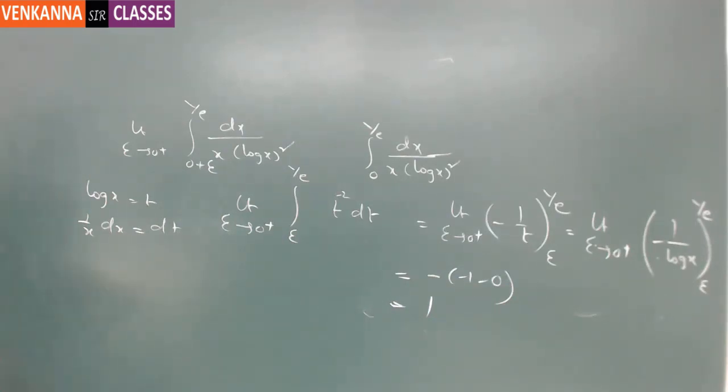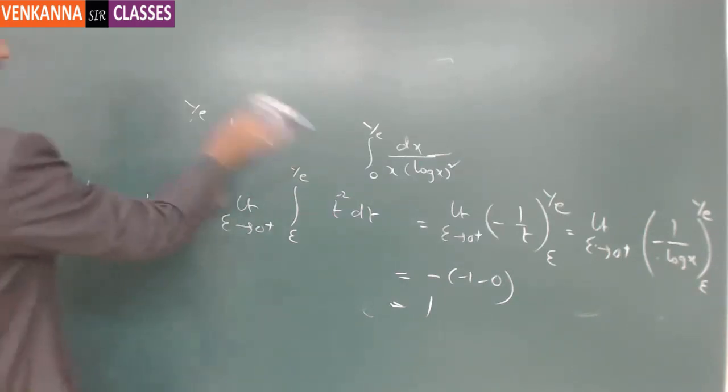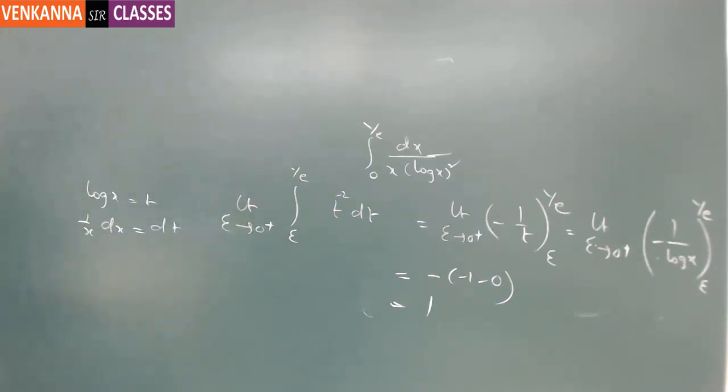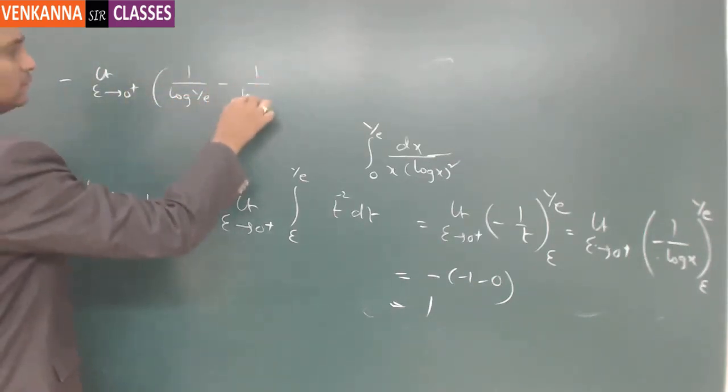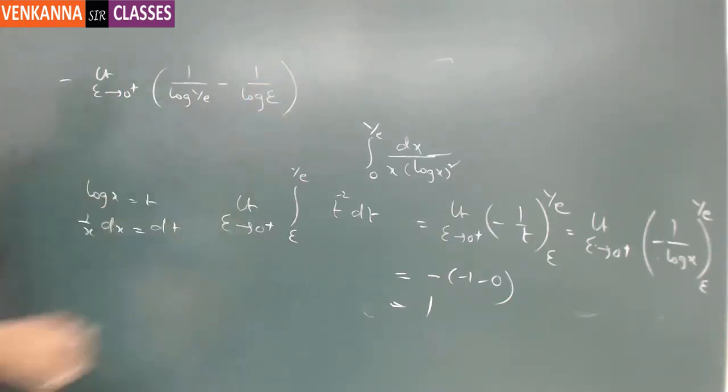So log 0 is undefined, right? So I want to say that while applying the limits, if you put minus outside, this is the thing you will get, right?